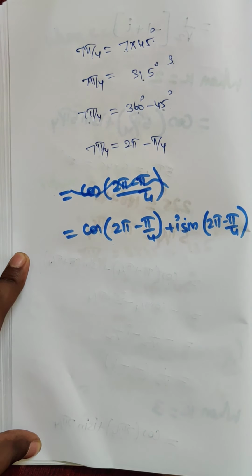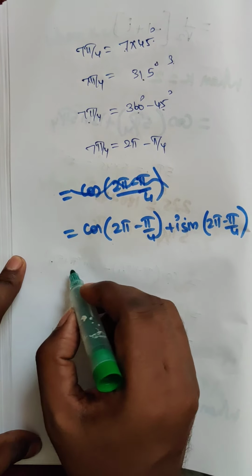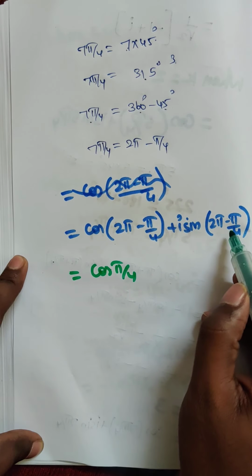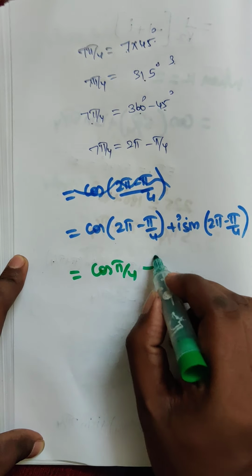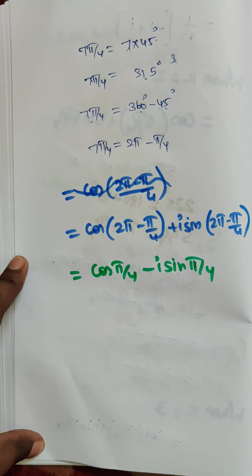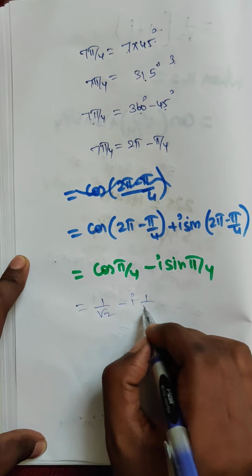So now cos of 360 minus theta, which quadrant? Fourth quadrant, cos positive. So that is equal to cos pi by 4. Sin of 360 minus theta, fourth quadrant, sin negative. So minus i sin pi by 4. So cos 45 is 1 by root 2, minus i sin 45, 1 by root 2.